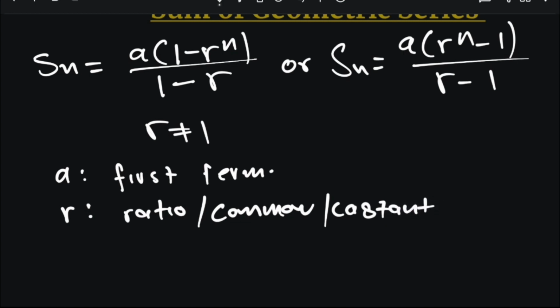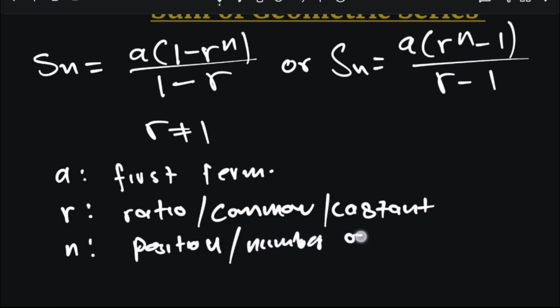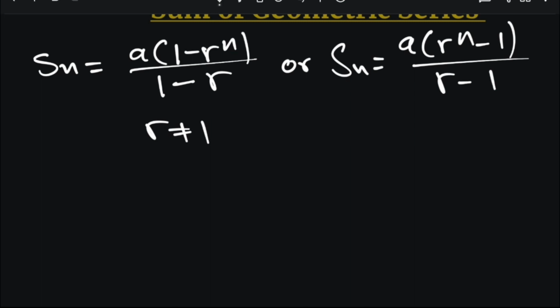And n is the position, or the number of terms, in the series. I'll need you to remember that we have previously defined a geometric sequence using this formula: Tn is equal to a times r to the power n minus 1. Please keep this in mind at all times.